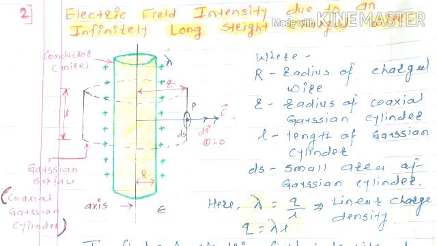Now consider a small area around point P, that is area ds, and point P is outside the conductor. Therefore the direction of electric field intensity and area vector is outward. Here the conductor is positively charged, so the direction of electric field intensity is outward.